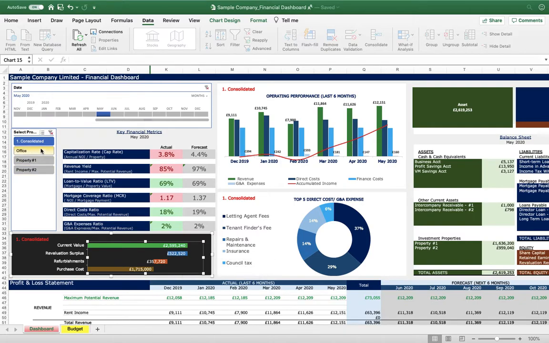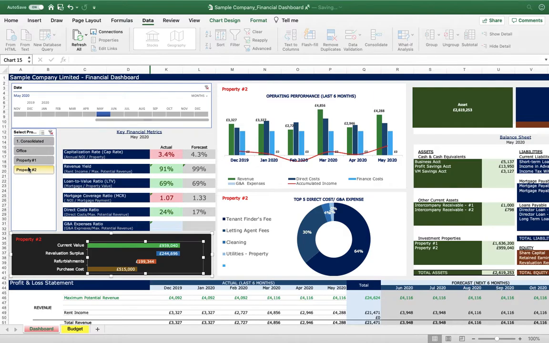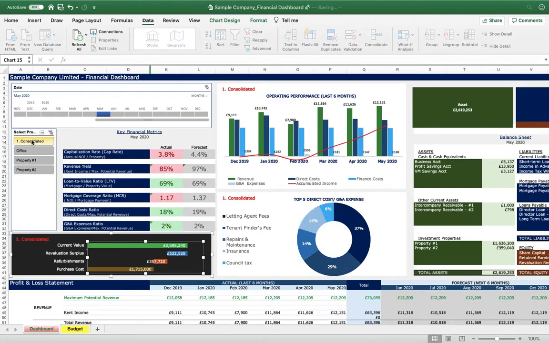Again, the whole thing is dynamic. We can see the individual properties and how they're performing, so that if there's any issues, you can hone in on a property, and if there's one that's underperforming, you'll very quickly and easily be able to see it. But really, the power comes in the consolidated element of this. So you can see how your whole portfolio is doing at any one time.